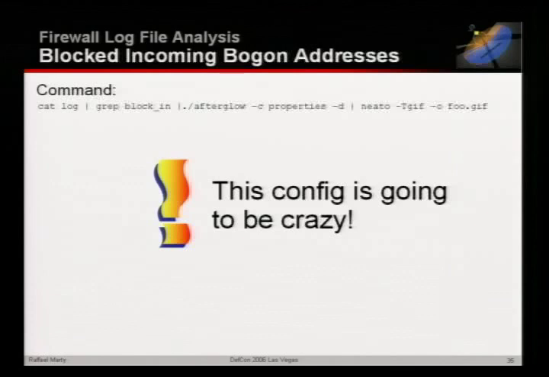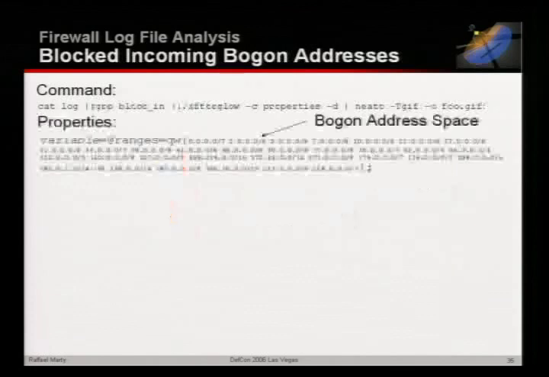And I warn you right now, this config is going to be crazy. If you thought that it was complicated before, this is going to hit you. So what you do in the configuration file, first I need to let AfterGlow know what the bogon address space is. There's a command called variable, and then you just provide any Perl expression you want, any Perl command, and we'll just evaluate it.